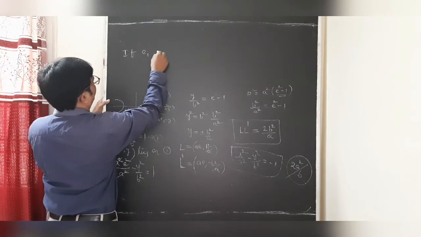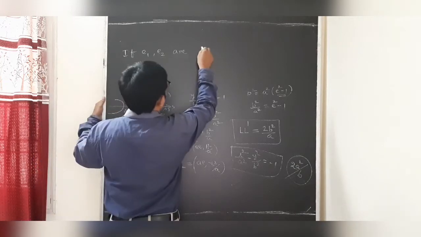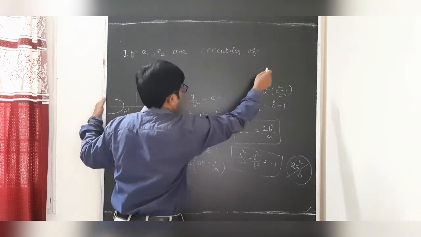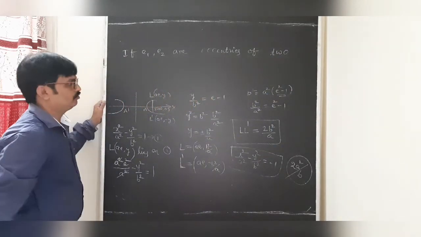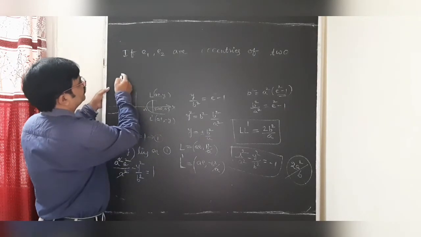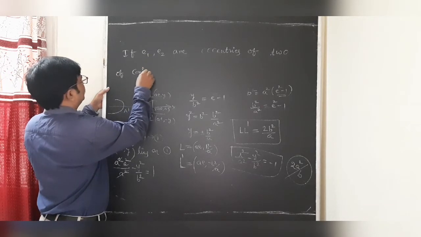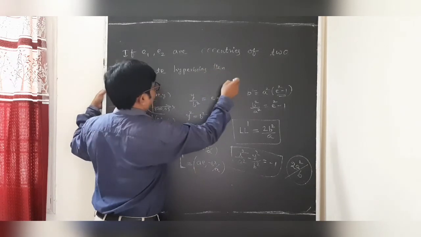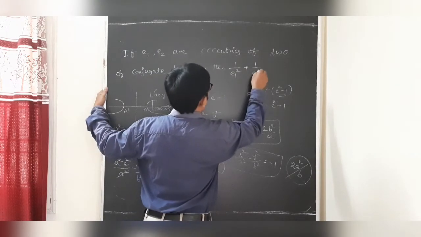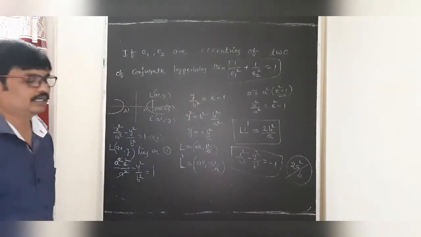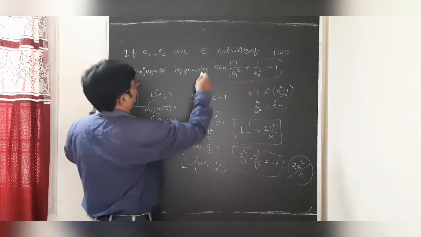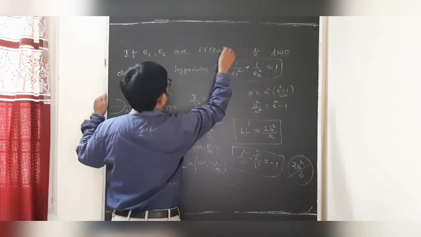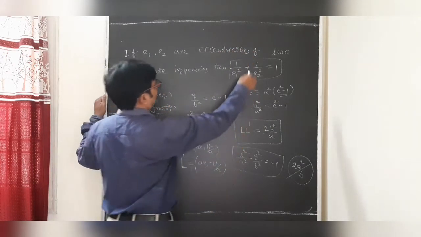Dear students, if e1, e2 are the eccentricities of the two conjugate hyperbolas, then 1 by e1 square plus 1 by e2 square equal to 1.